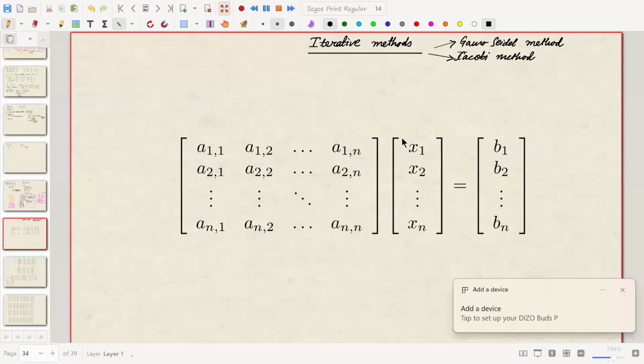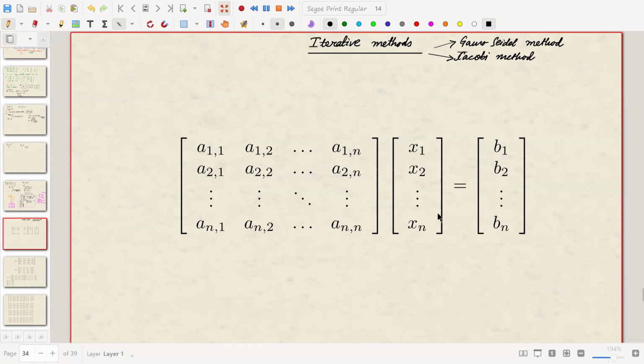So yes, there are two different iterative methods we will go through in this class. One is Gauss Seidel and one is Jacobi method, and you will see that they are very similar to each other. How they are very similar to each other we will see in this class.